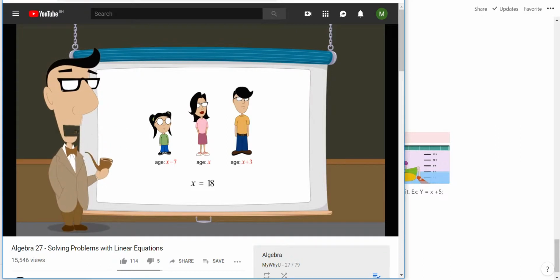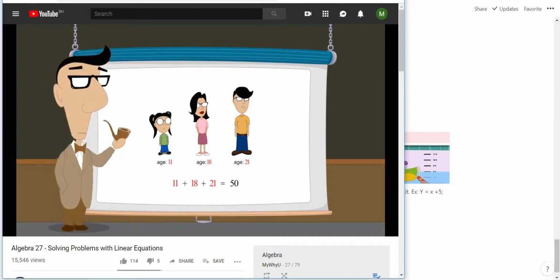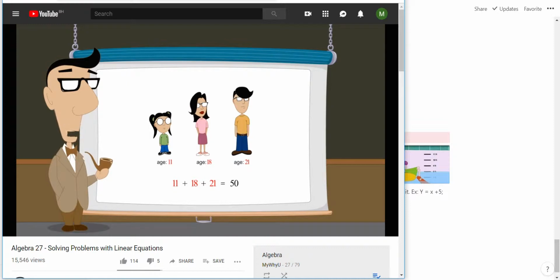Once the value of the variable is known, we can then calculate other quantities which may be of interest. Finally, we check the answer by recreating the equation using the quantities we have calculated and making sure that everything seems reasonable.